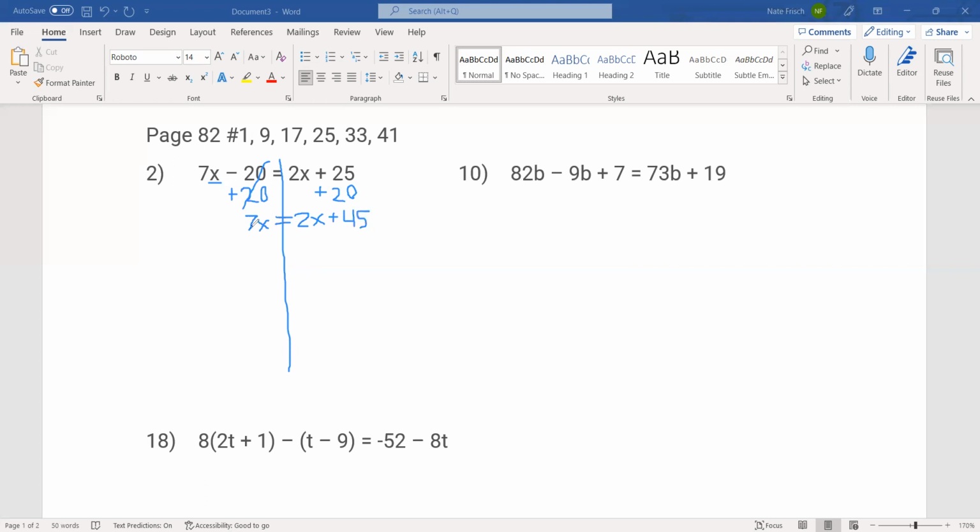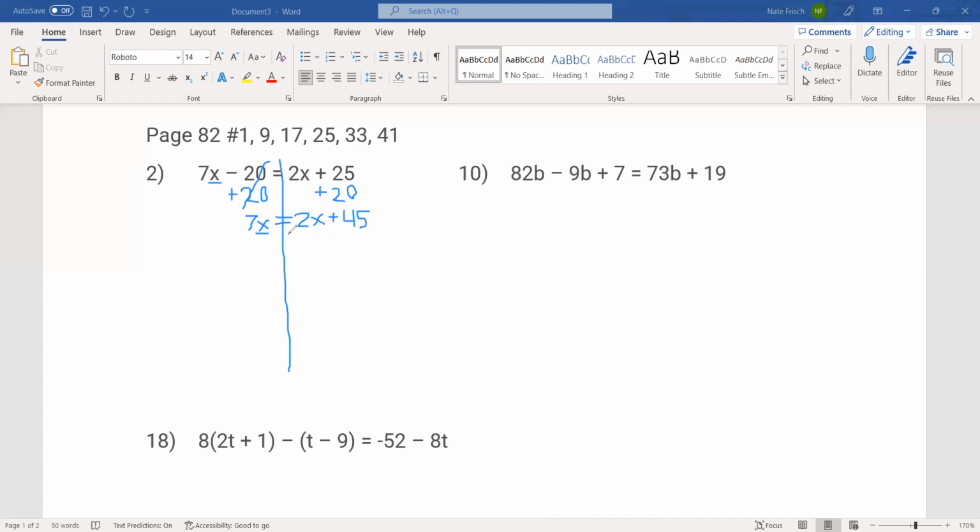Now, like previous problems, you might have thought, all right, we're at 7x, I need to now divide by 7. I could do that, but it's just going to make more work for me. Instead, I don't really want to have x on both sides. Since I would like to have x over here, I don't want it on the right side.